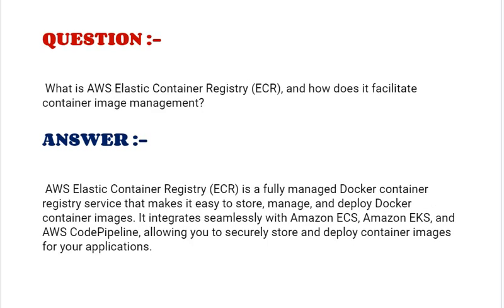Our next interview question is: what is AWS Elastic Container Registry (ECR) and how does it facilitate container image management? Your answer should be: AWS Elastic Container Registry, ECR, is a fully managed Docker container registry service that makes it easy to store, manage, and deploy Docker container images.